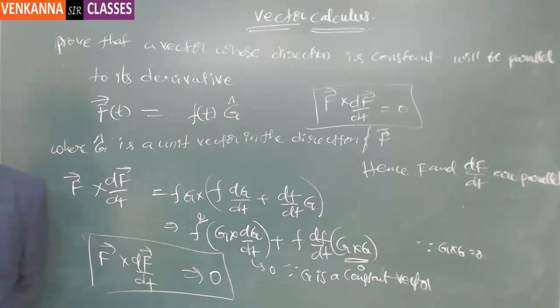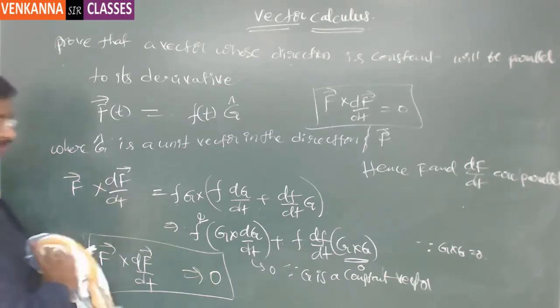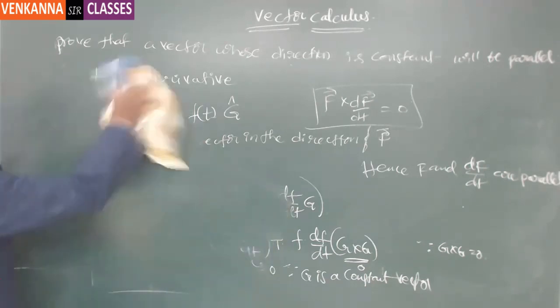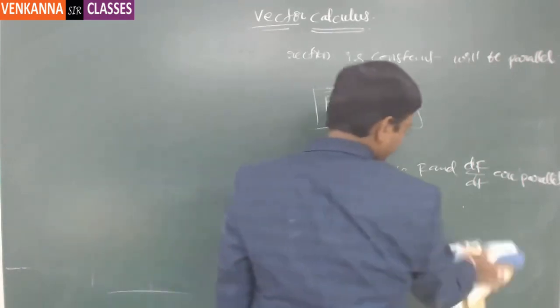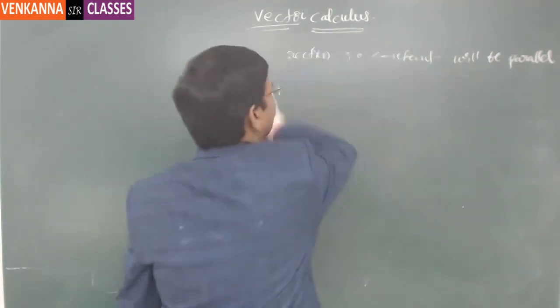Because it is having the same direction, right? So if it is having a constant direction, it has to come out to be 0, because there is no curl part of it. Noted down? So these are some of the calculus operations on the vector fields.